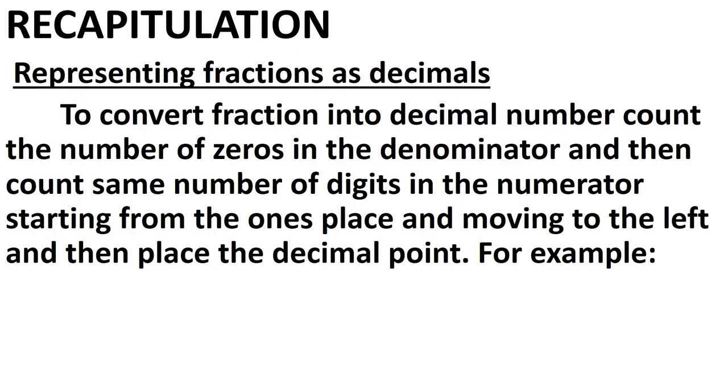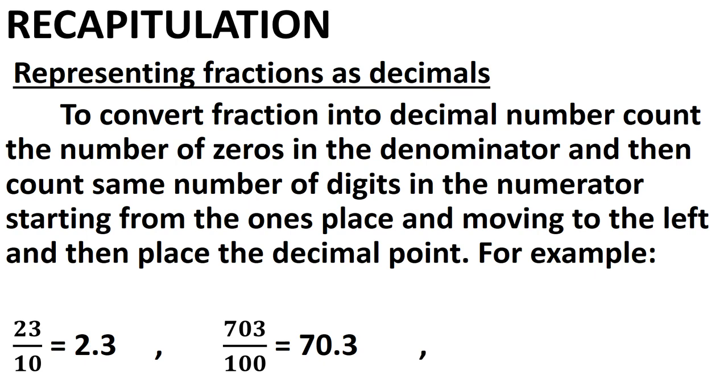See the example now. 23 upon 10. Here is 1 zero. So the decimal will come just before one digit, that is 2.3, 2 decimal 3. 703 upon 100. Here are 2 zeros. So here the decimal will come before 2 digits.